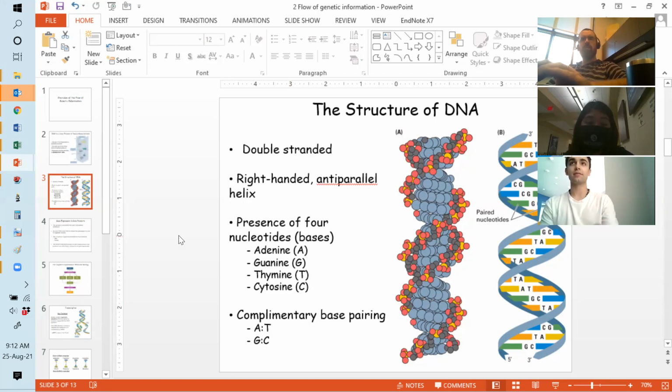Okay, what else did I want to talk about? Oh yeah, and another big deal, and I keep repeating this because it's important, is that DNA is anti-parallel. It goes from top to bottom, or right to left, whichever, in and out, out and in. It doesn't matter which way you think about it in terms of orientation.